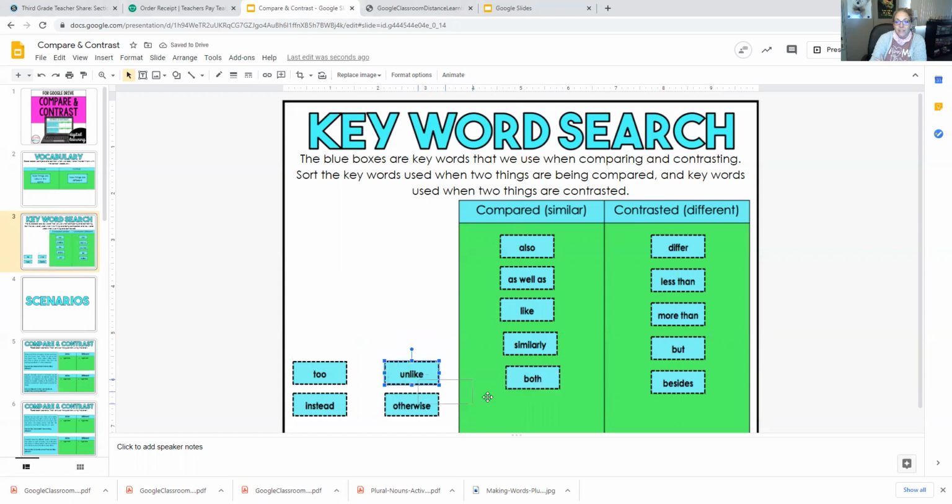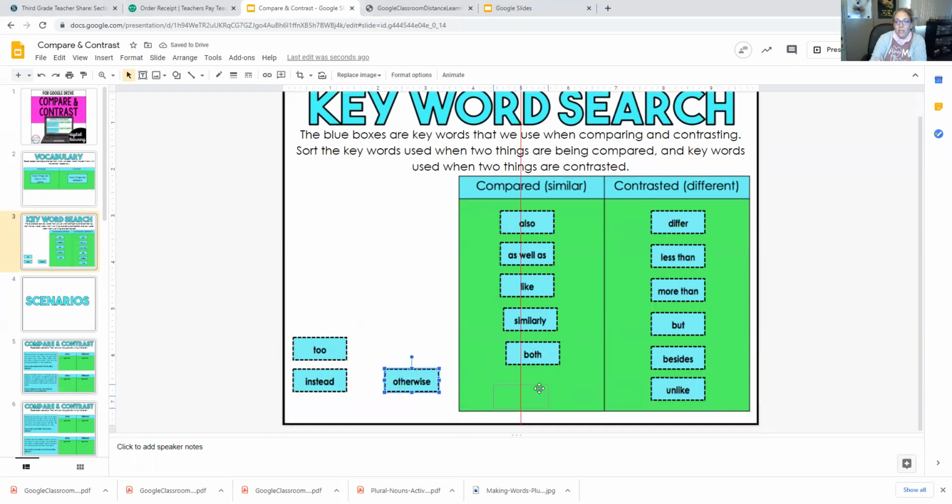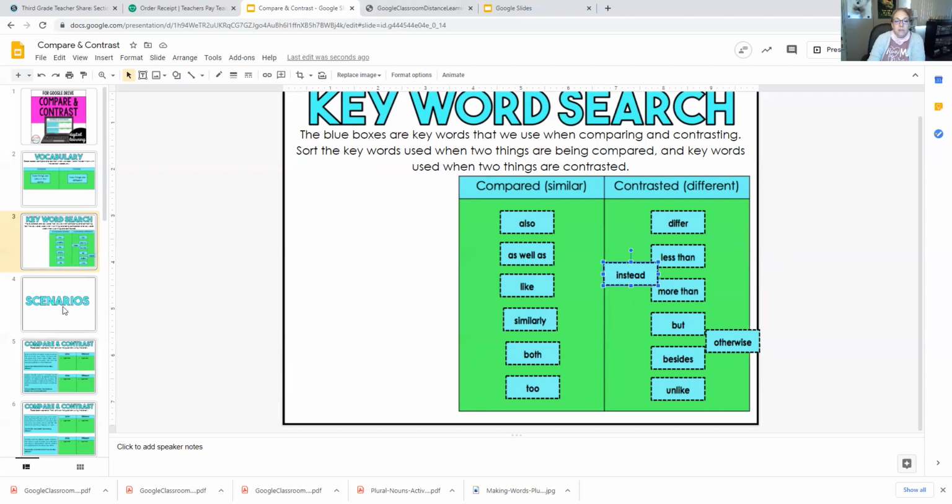Unlike, contrast. Otherwise would also be a contrasting word. To, and instead. So we have a lot of contrasting words. Doesn't mean they're always used that way, but most of the time. It depends on the context.